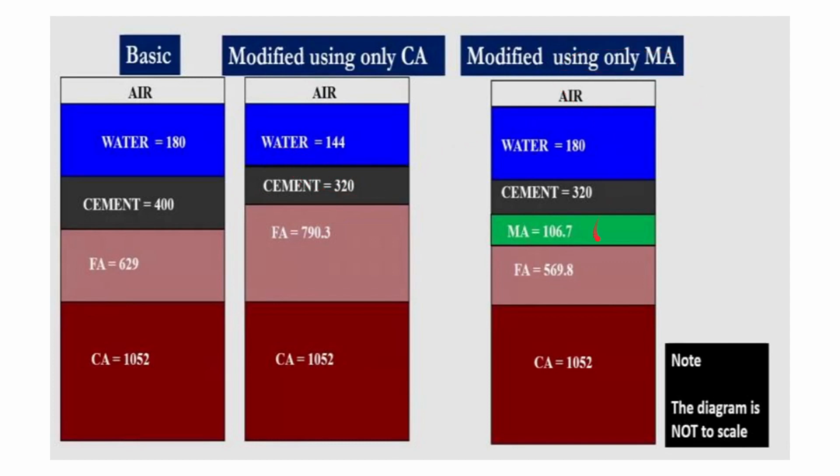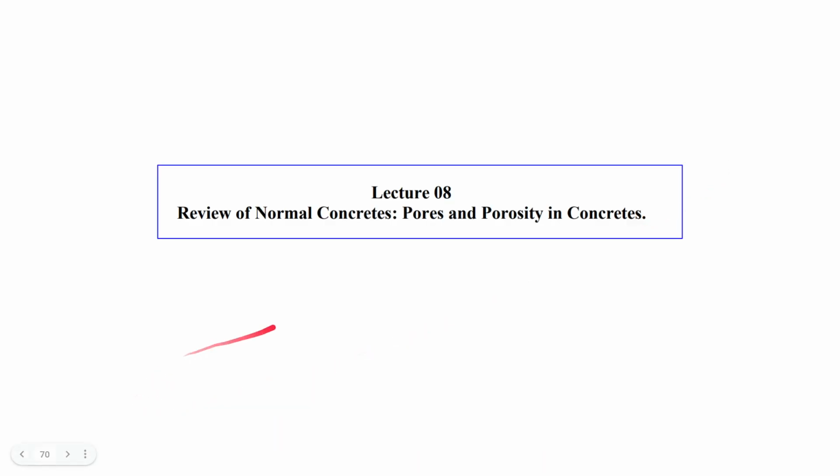And in mineral admixture, we use some supplementary cementitious material or the mineral admixture, which we will find later. So those were able to substitute partially the cement in terms of its efficiency, and maintain the water cement ratio as well as the required conditions. So that is all about using the admixtures and the minor adjustments.